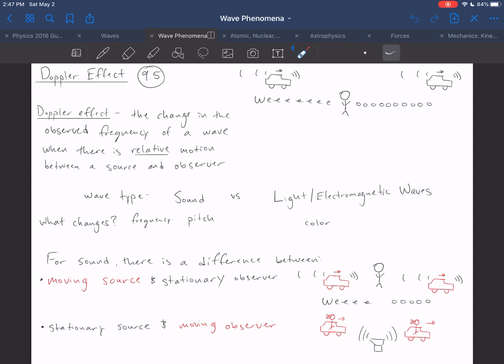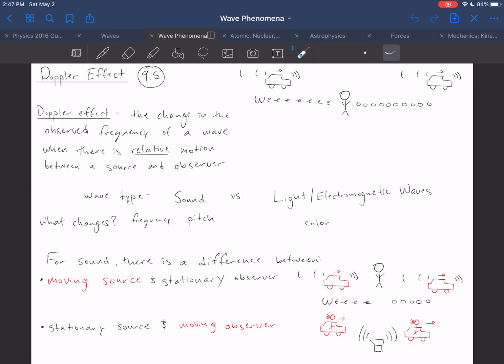So with sound, I've already mentioned that the thing that changes is the frequency directly, and that corresponds to pitch. As we'll discuss later, there is also an equivalent of the Doppler effect for light or any electromagnetic waves. And in that case, the frequency shifts, just as before, corresponding to the color of the light or the wavelength of the light in non-optical wavelengths.